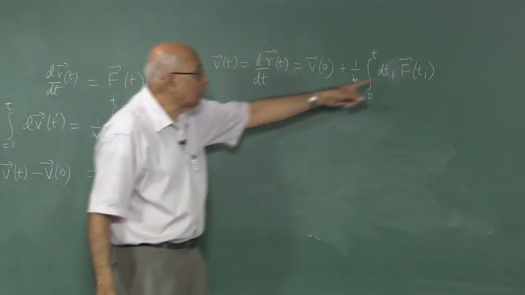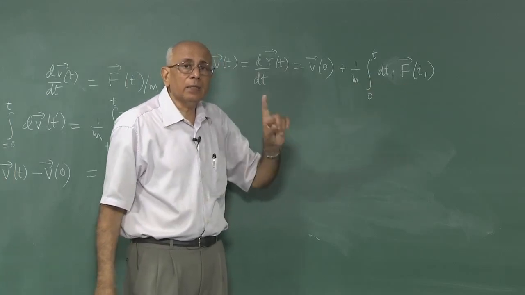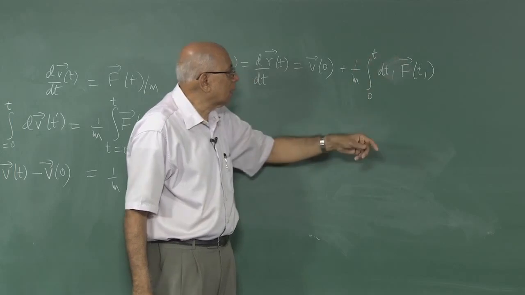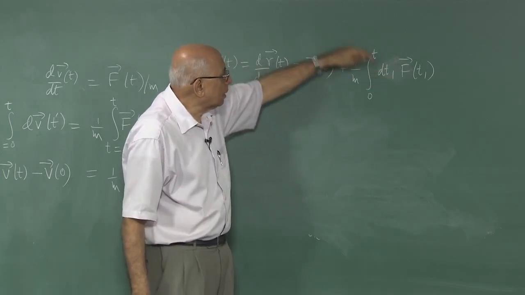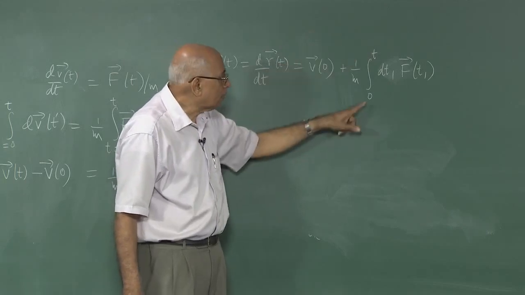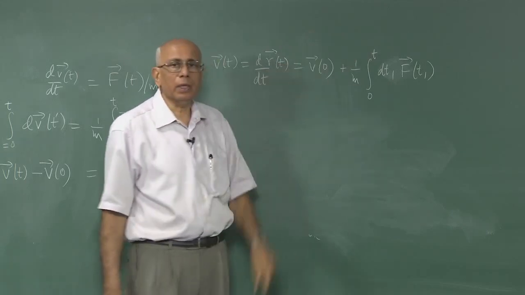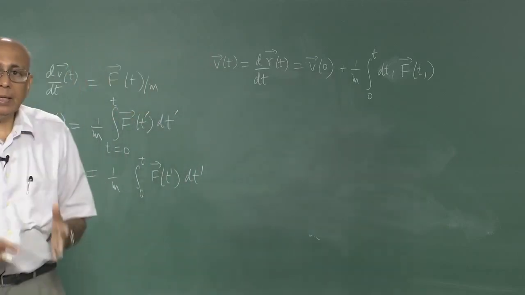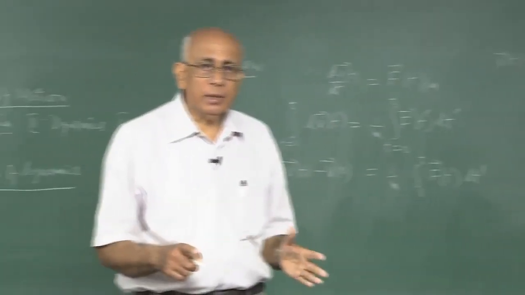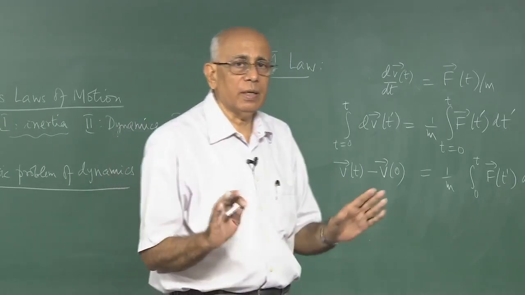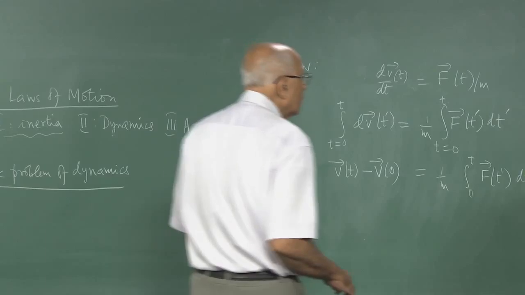This is a definite integral and the answer depends only on the end points. So you have the indefinite integral, you have to substitute for t1 the value t and subtract from it whatever you get by substituting the value 0. So I emphasize again, t1 is a variable of integration, it is an index of summation if you like, and it should not appear in the final answer at all.